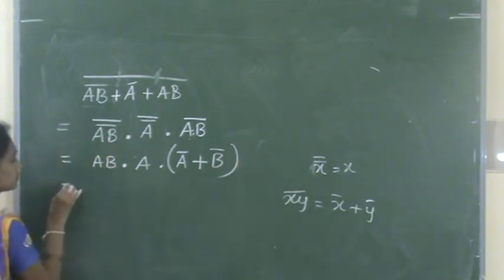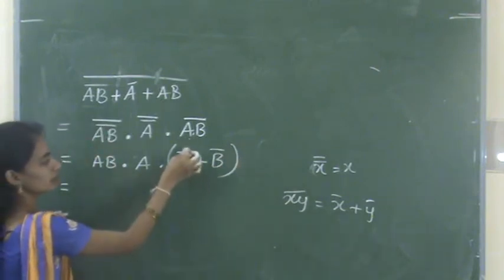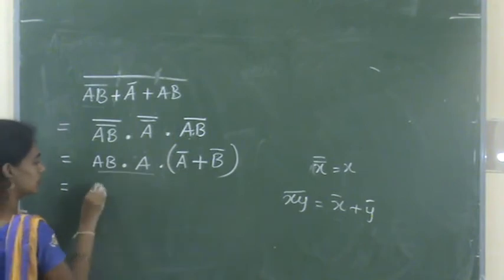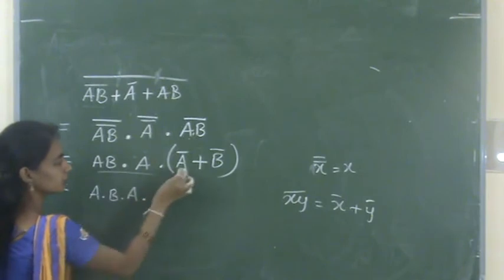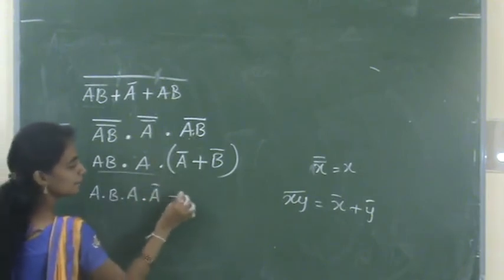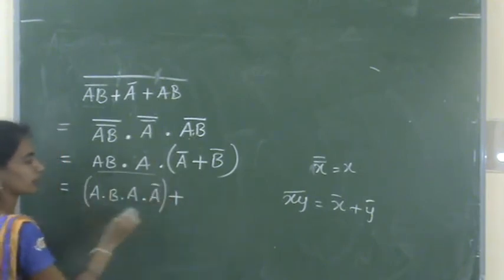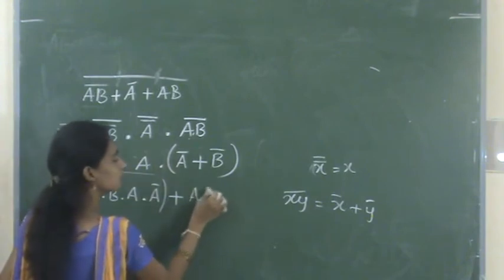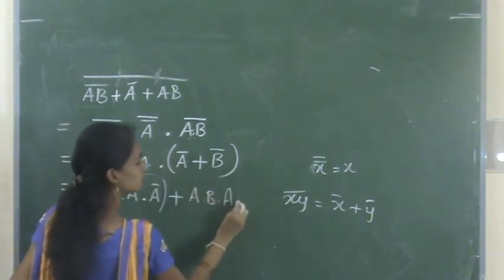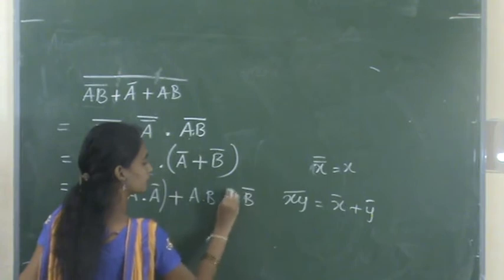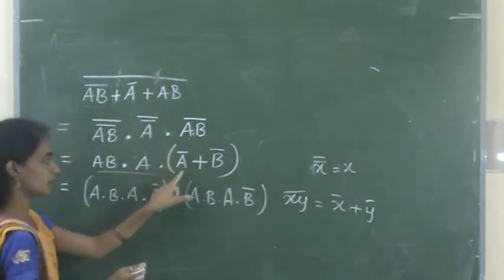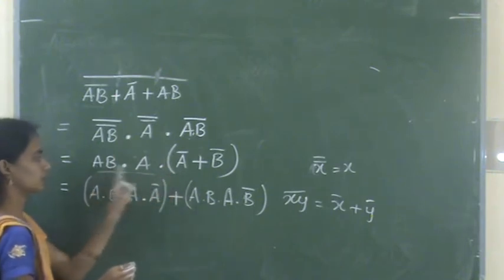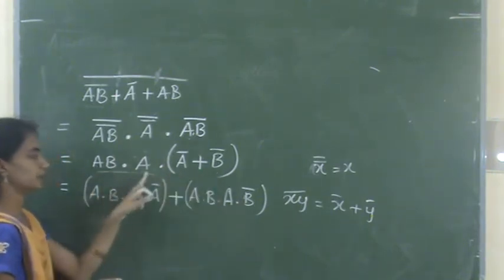Now multiply this a bar to this: a into b into a into a bar plus a into b into a into b bar. Understand? This a bar is multiplied to this and b bar is multiplied to this.